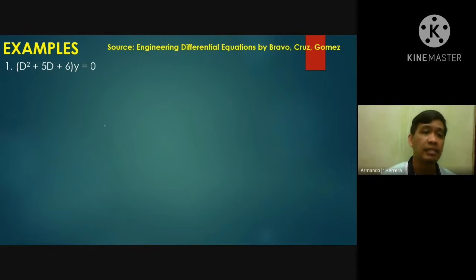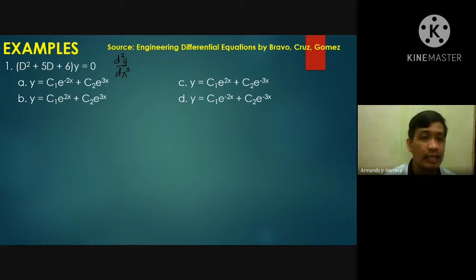This is expressed in terms of the operator. Again, this can be written as the second derivative of y with respect to x, since x is our independent variable, plus 5 times the derivative of y with respect to x, plus 6y is equal to 0.